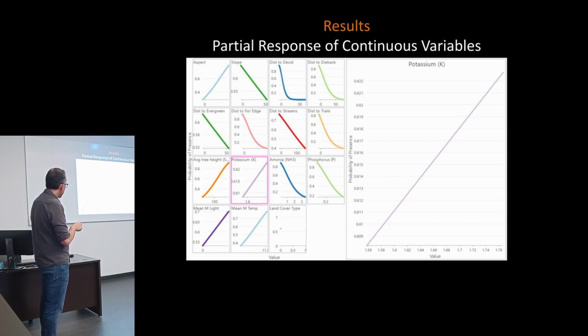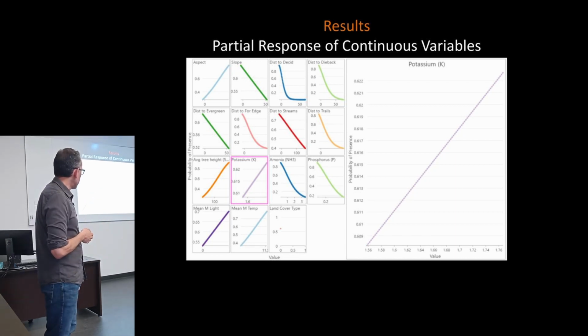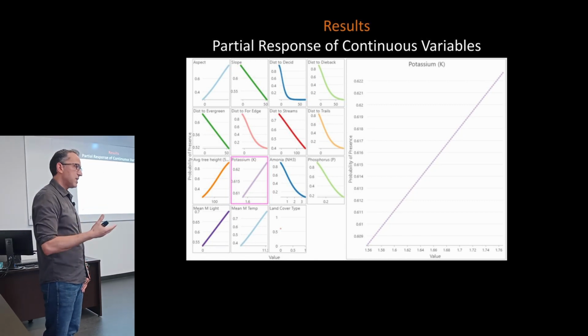There are a couple more things that I wanted to point out, related, for example, to nutrients. It looks like, with nitrogen and phosphorus, the lower the concentrations of ammonia, the higher the probability of finding holly. The same thing with phosphorus: the higher the probability, the lower the concentrations of phosphorus. That gives us a sense that maybe, and this is something we have to confirm with more tests, holly is uptaking these nutrients from the soils, and they are already depleted.